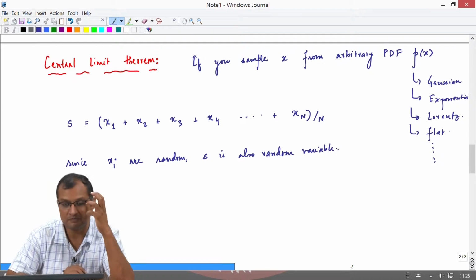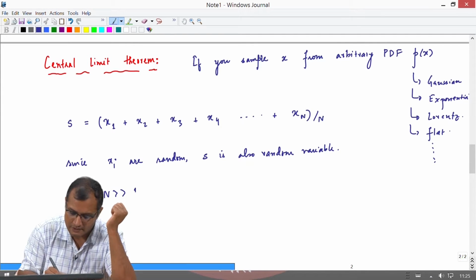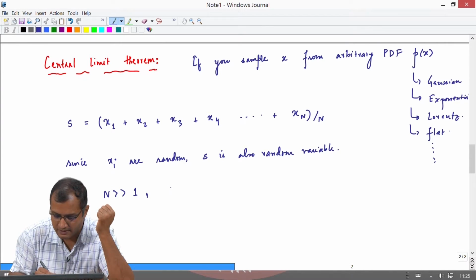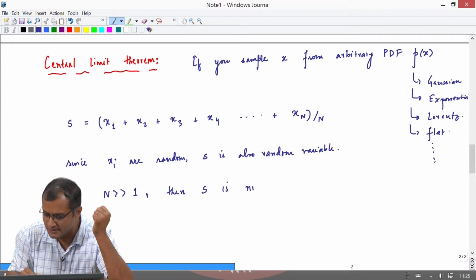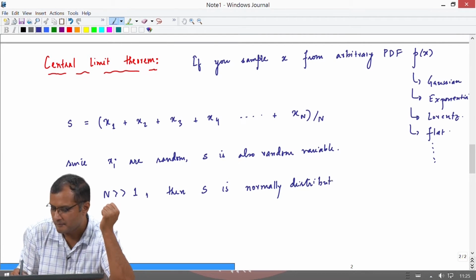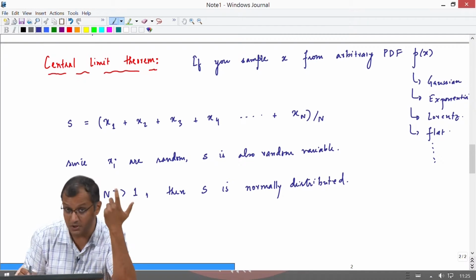Central limit theorem states that if n is very large, the sum of these random variables is normally distributed. Normally means it is distributed as a Gaussian distribution.